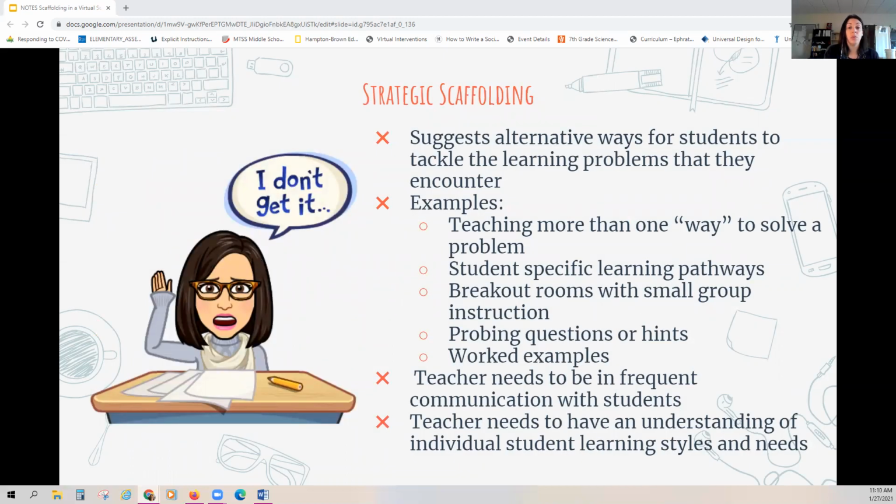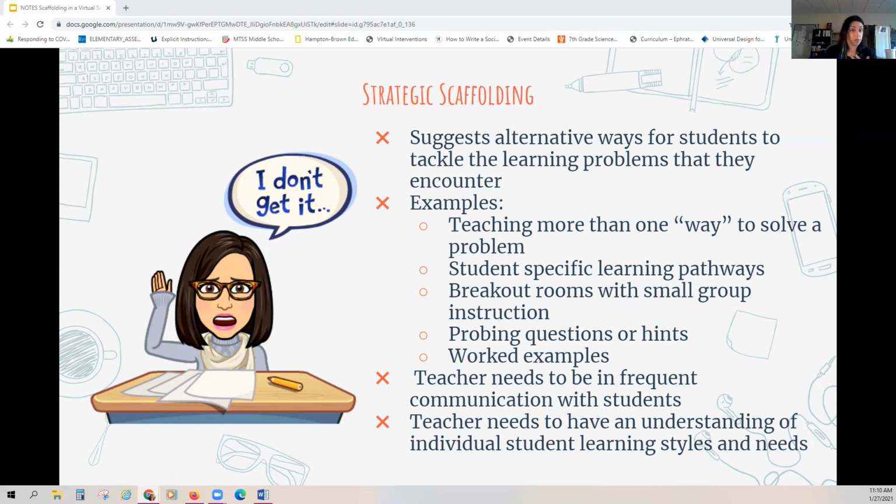Strategic scaffolding is when you as the teacher guide and provide alternative ways for students to work through their learning hurdles. This may be to show different ways to solve an equation. It could be assigning student-specific pathways on an online learning program.